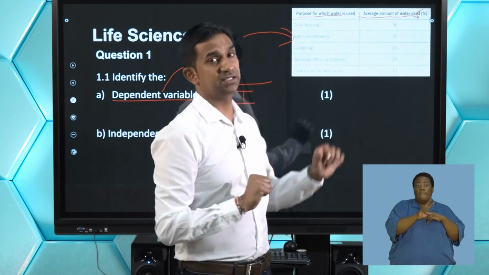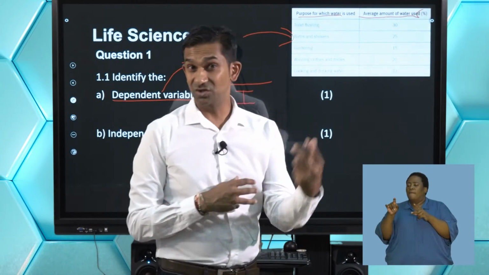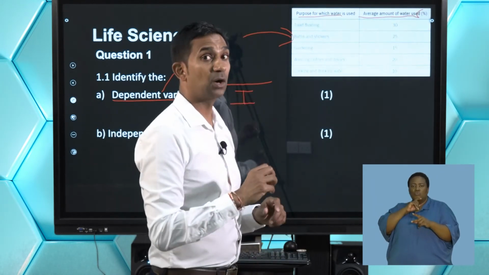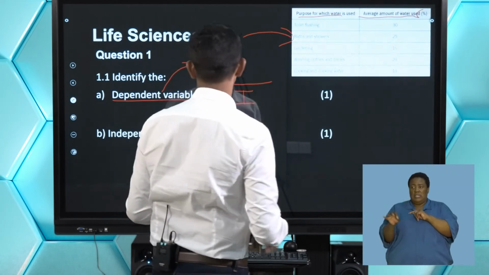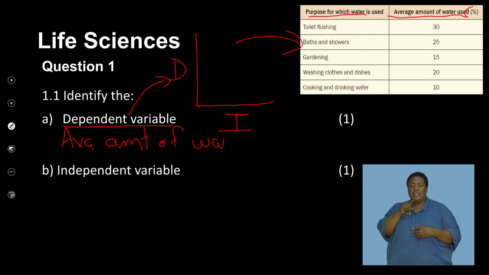Clearly in this investigation, it was the average amount of water that was used, converted to a percentage. So our dependent variable is the average amount of water used, as a percentage. Well done if you got that.